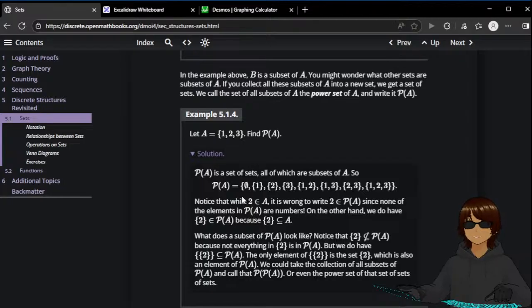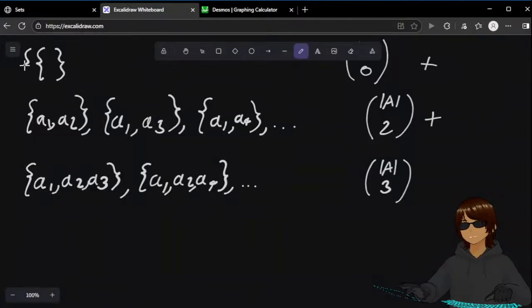Is power set a set in itself? Yeah, it is. So this thing is entirely a set itself. A choose 3, and then so on.